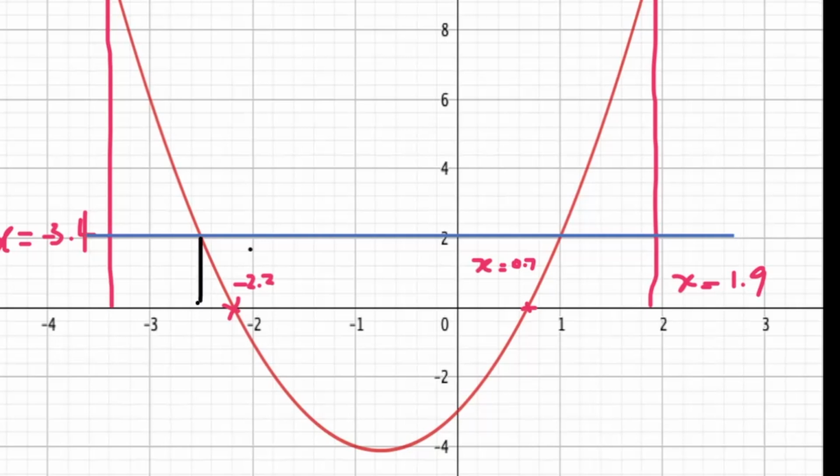I want you to pause the video and state where it cuts, what is my x value, and write it in the comment section. What is the x value for this? x equal what and x equal what? What's this value? What's this value? This is a key one. I'm very interested to see in the comments, what do you have?